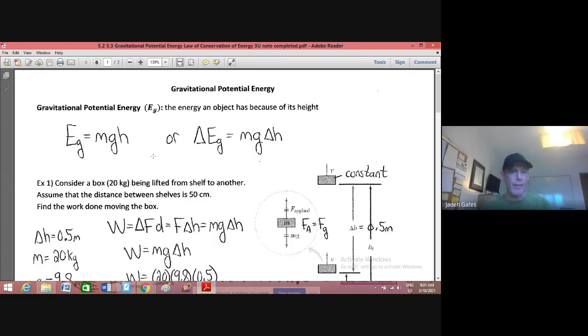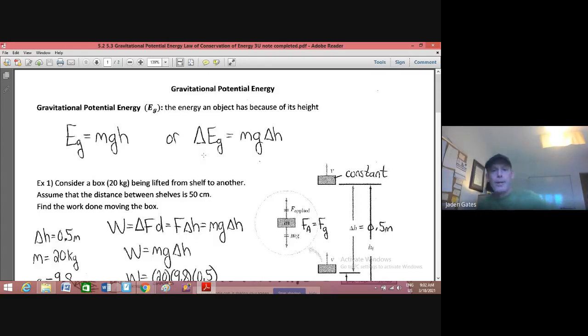We have a formula for gravitational potential energy: EG is equal to mass times g, which is 9.8, times height. Because not all the time is an object starting from the ground level, we could use a similar formula: delta EG, where delta in math and science stands for change.